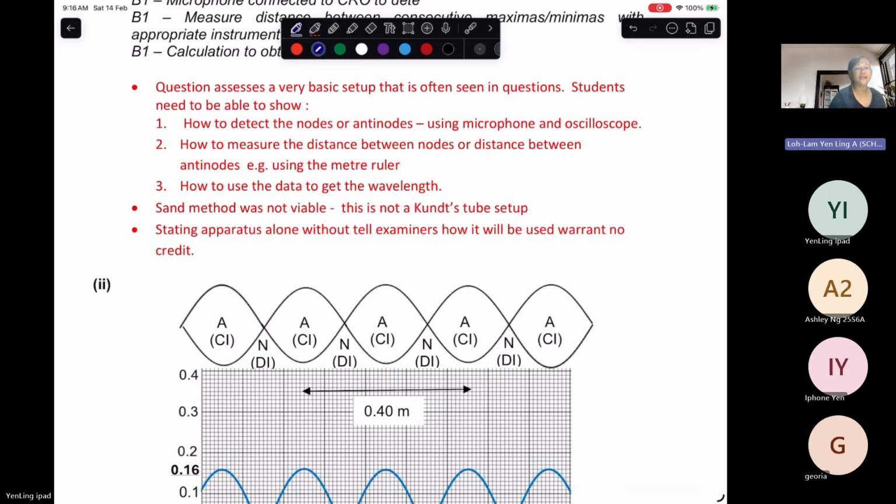If you simply state, oh, measure with a microphone and CRO the antinodes, it's not sufficient, or measure the distance between antinodes using a ruler. How do I know they are antinodes? So you need to have a little description of the whole process as well.